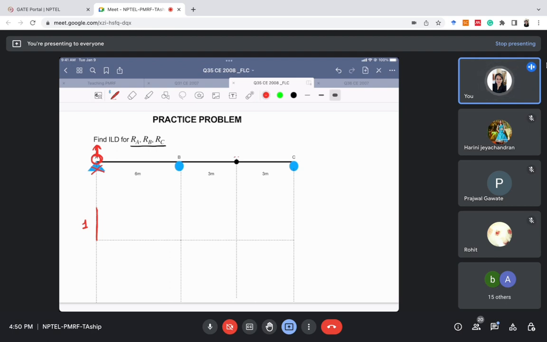This point B cannot move anywhere because it is supported at B. At point C, it also cannot move anywhere. Now if I pull it upwards, you need to use some imagination here. The shape will be like this.